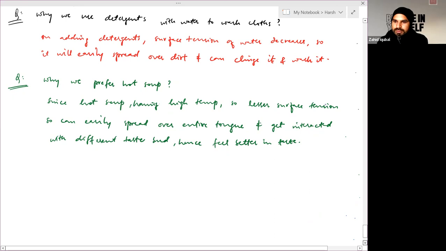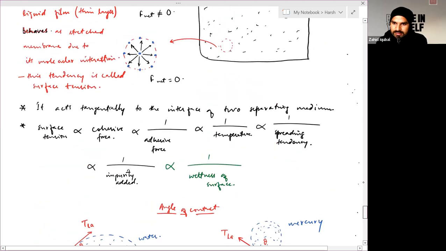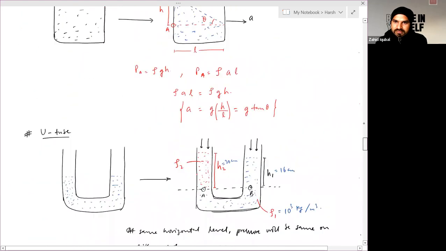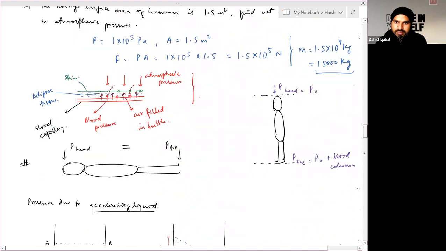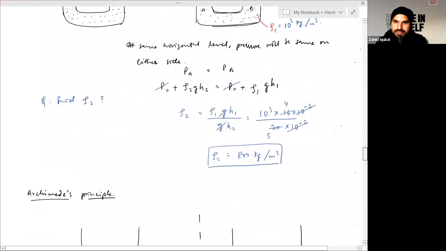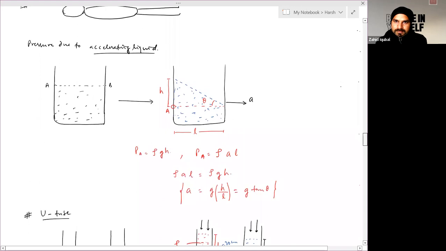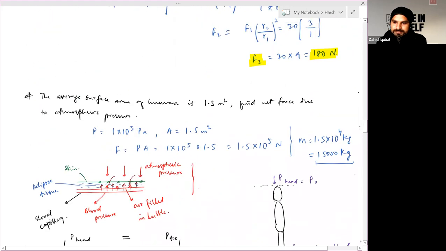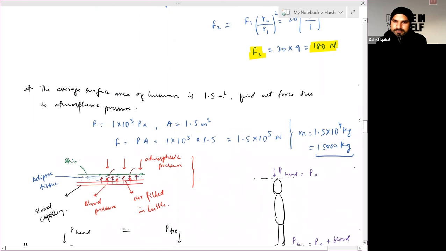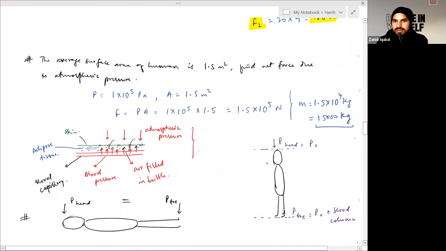Let me define one more thing. In the last class, I described one thing wrongly. This part. There was a question, what would be the pressure in vertical position at head and at toe?